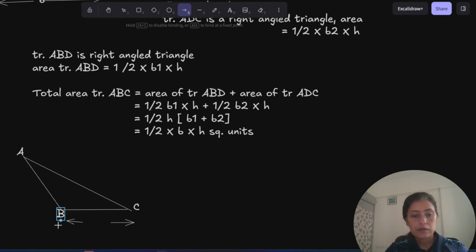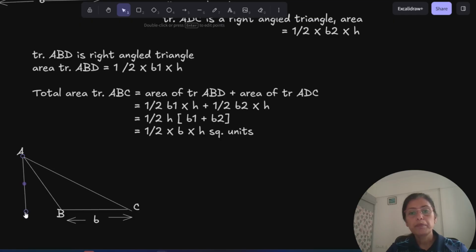and we can draw a height from any of the three vertices. This is the base. So what we'll draw is, I'll draw a height from A. Okay, so this is the height.